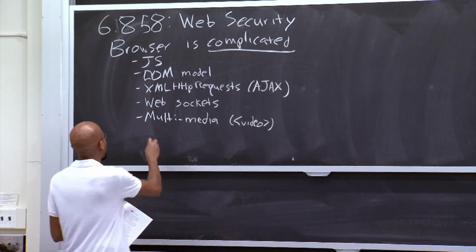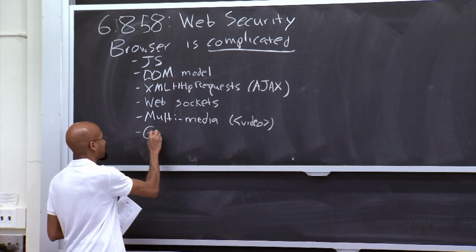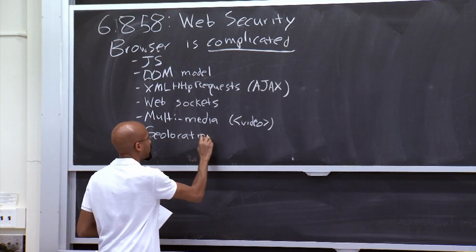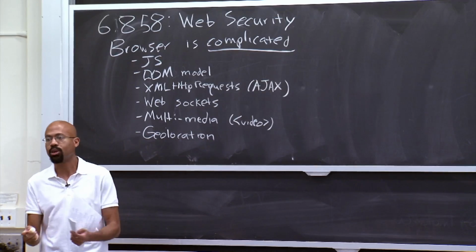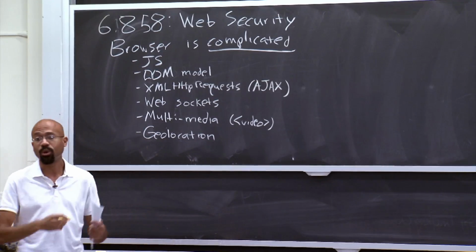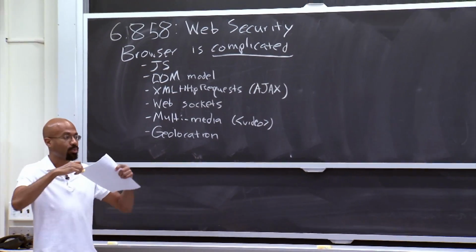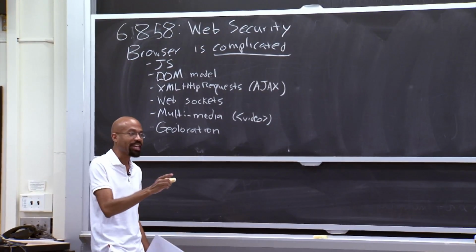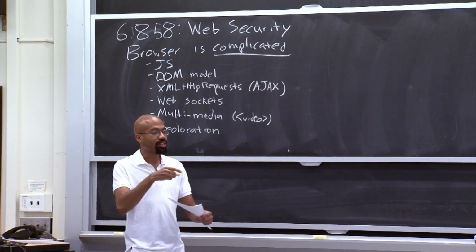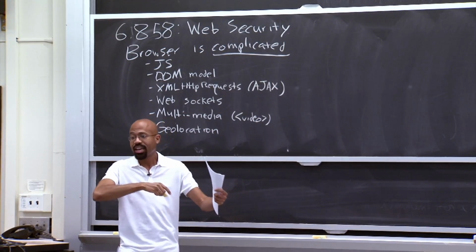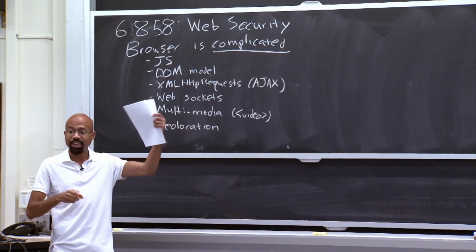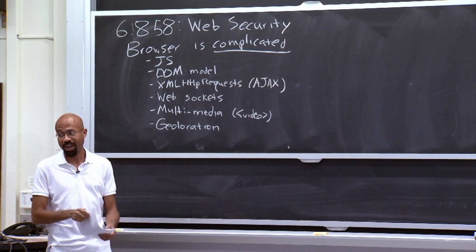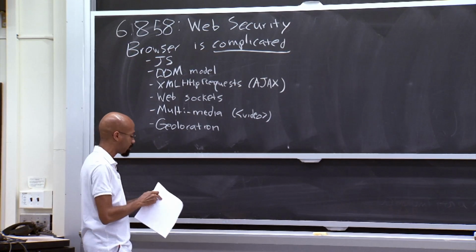There's also geolocation. Now a web page can determine physically where you are. For example, if you're running a web page on a smartphone, the browser can access your GPS unit. If you're accessing a page on a desktop browser, it can look at your Wi-Fi connection and connect to Google's Wi-Fi geolocation service to figure out where exactly you are. That's kind of insane, but now web pages can do that kind of stuff.